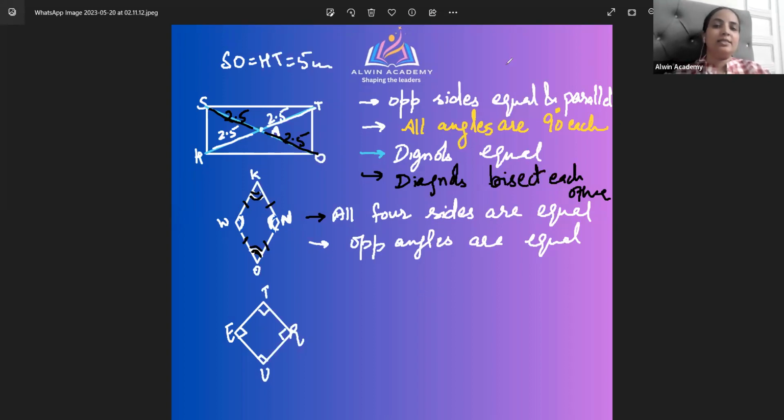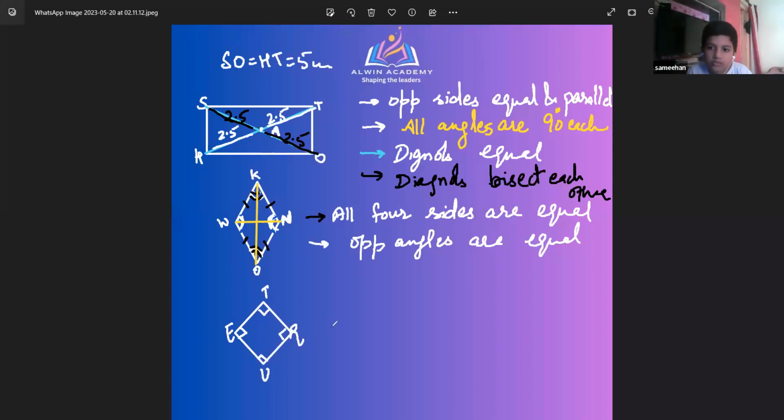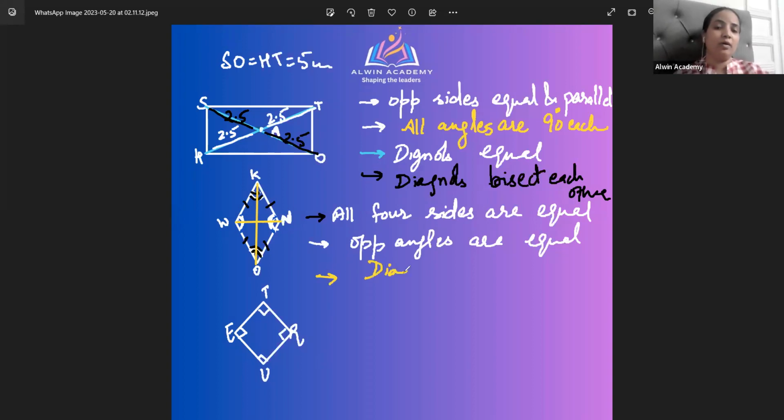Now let's discuss the diagonals. Samihan, are the two diagonals equal or not? No. Clearly no, right? It's looking more like a cross, no? Yes, a plus sign. So I'll write this as diagonals are not equal.